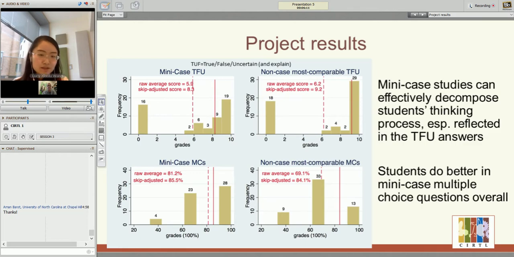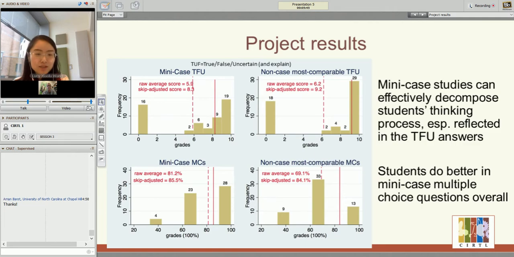As we can see, 16 people skipped the mini-case-based true or false question, and 18 students skipped the comparable non-case question. It seems that students are more willing to answer a true or false uncertain question that relates to application in the real world, but conditional on answering, students actually do slightly worse than on the most comparable theoretical questions.